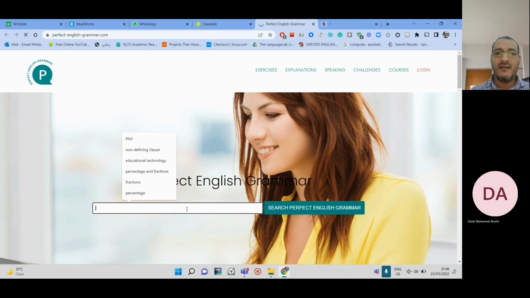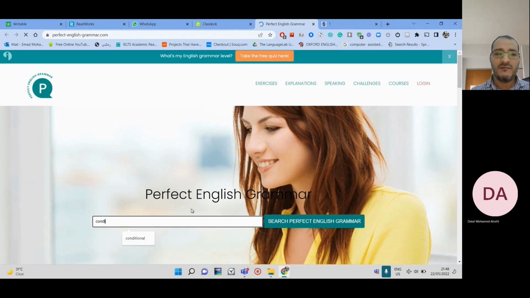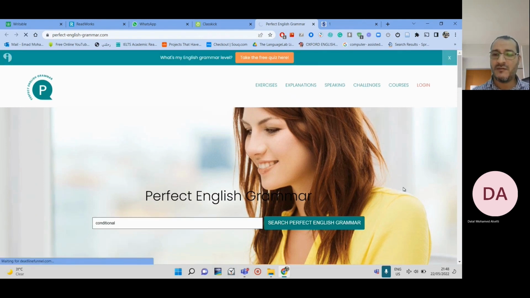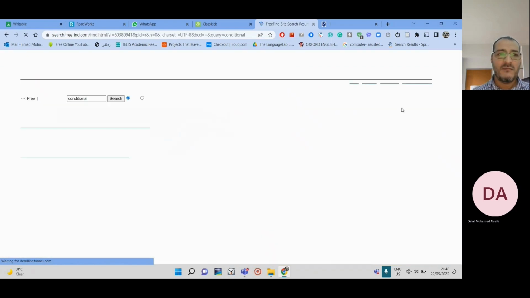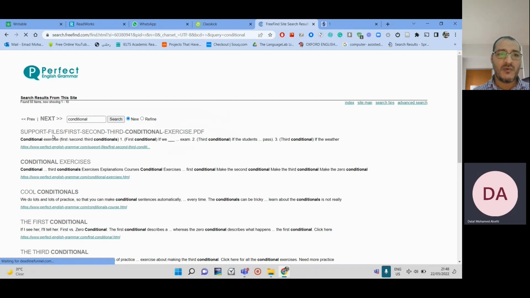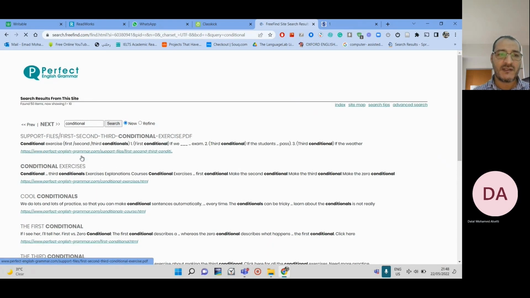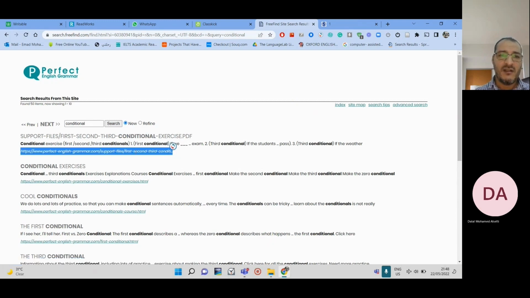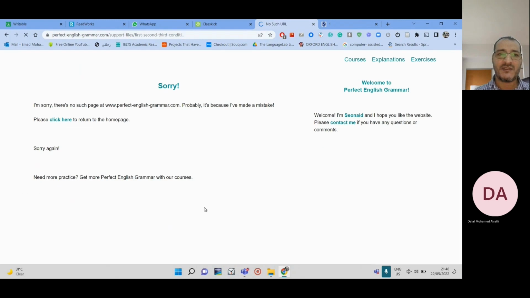For example, if you write conditional and search, it will come up with some suggestions, support files and so on, conditional exercises, third conditionals, and so on. Take any link and try to start here. You find exercises, and you find the lesson itself.